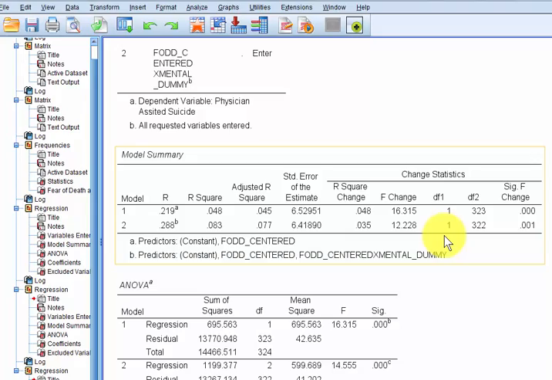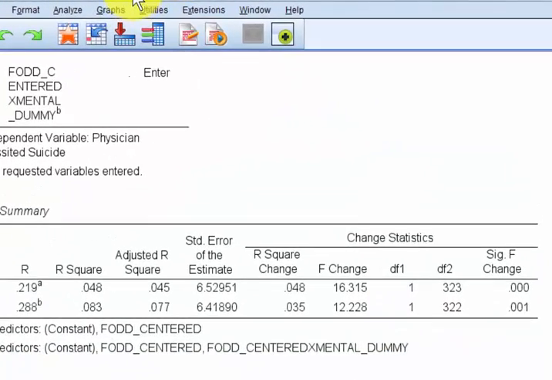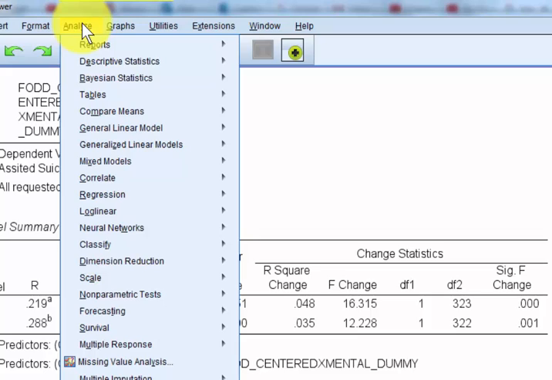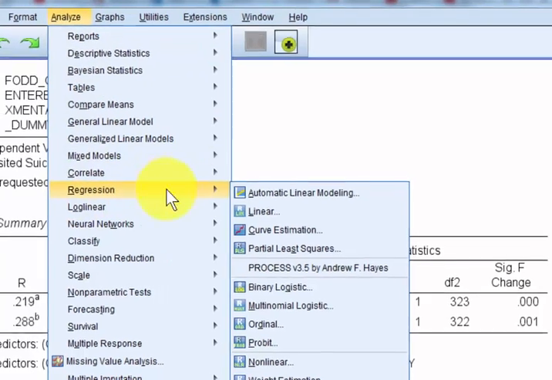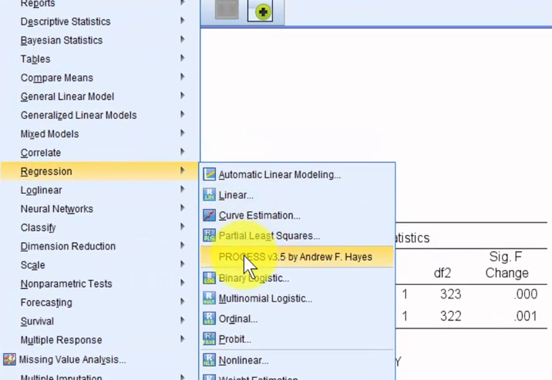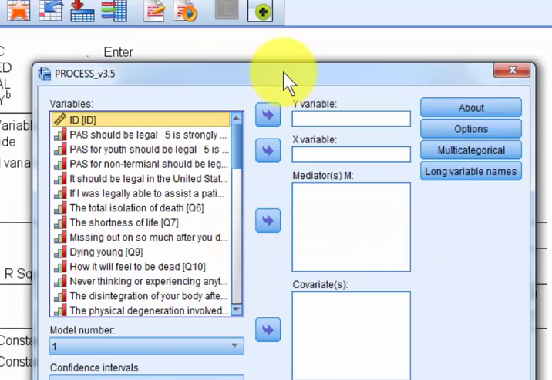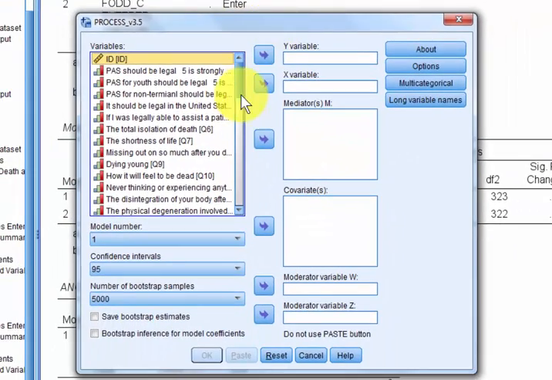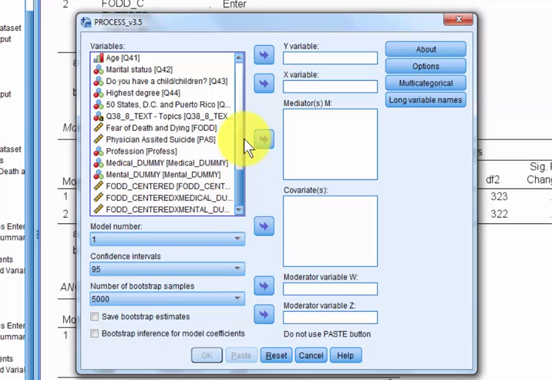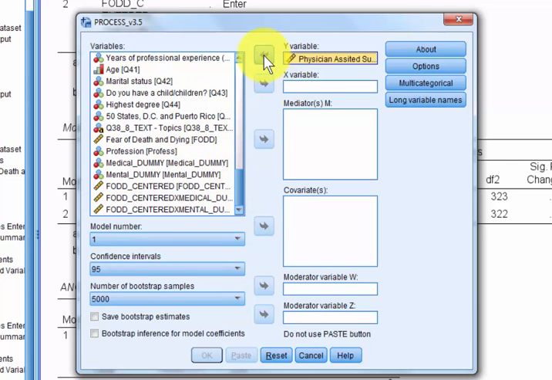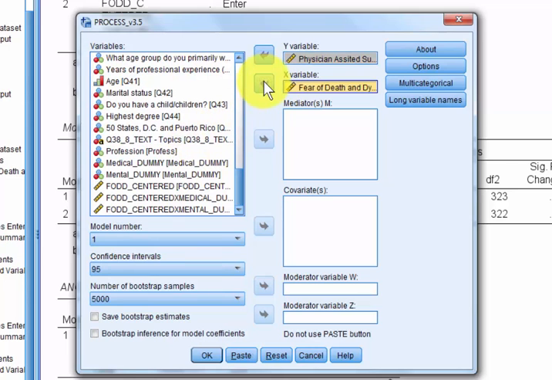Now let me show you the new way. We're going to go to Analyze, Regression, and then the Hayes PROCESS. I figured out how to put it in. Your Y variable is your DV, that's your POS. Your X variable is your FOD, your original FOD.